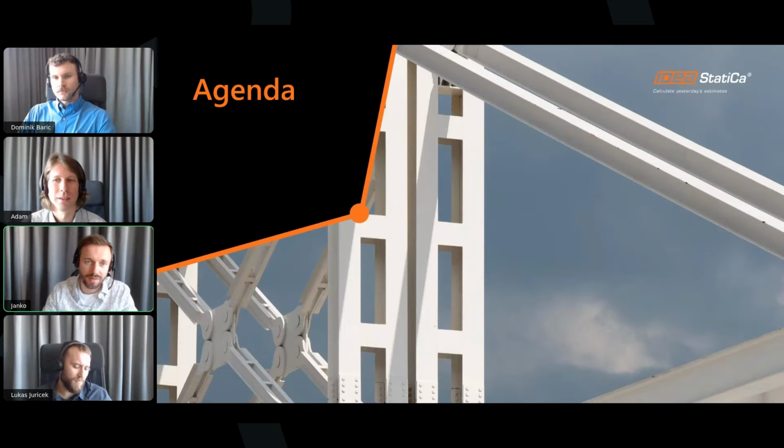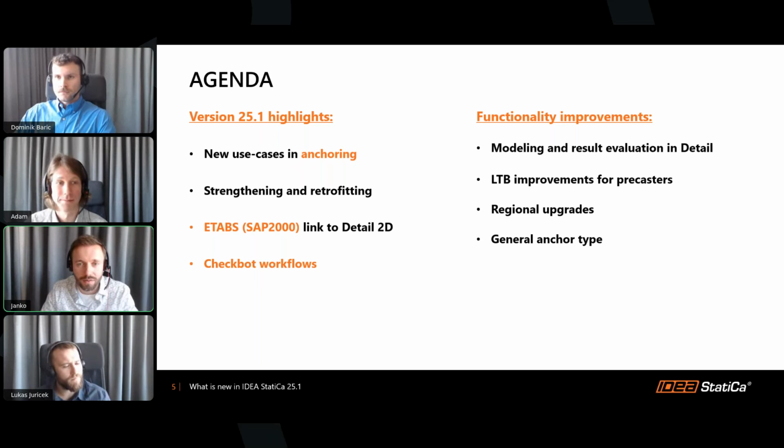And what's on the agenda today? Two main groups of topics: the main highlights of the version as new functionalities and new use cases covered. You can see the news in anchoring design for concrete designers, strengthening and retrofitting, a new concrete BIM link between ETABS or SAP2000 with detailed 2D, and new polished BIM workflows in Checkbot.